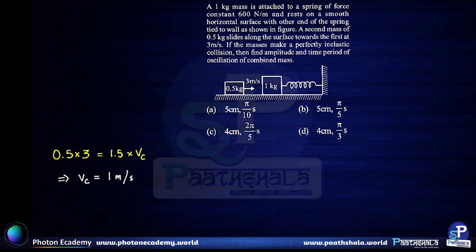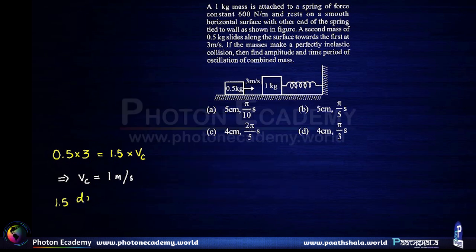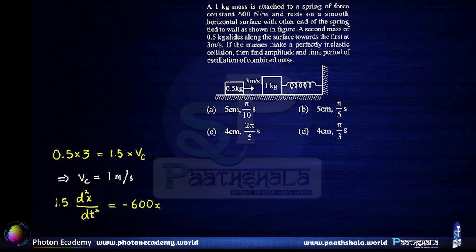Now, what are the forces acting on this combined mass? The total force acting on the combined mass would be equal to mass times acceleration, which is mass 1.5 kilograms, and acceleration can be represented as the second derivative of x, displacement, with respect to time. And the only force acting on this is a spring force, which is given by the negative of the spring constant into the displacement.